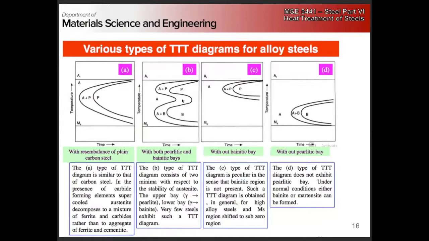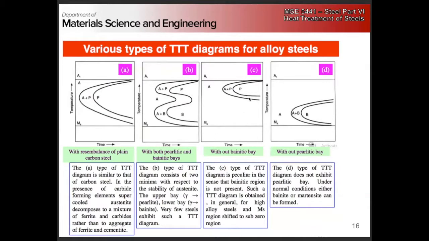We have the pearlite bay and the bainite bay. This, unfortunately, is pretty hard to do. We don't have a lot of steel compositions that have TTT curves that look like this, but this would be great because just depending on your cooling rate, you can either get fully martensite, fully bainitic, or fully ferritic pearlitic steel at the same compositions just by controlling the cooling rate.